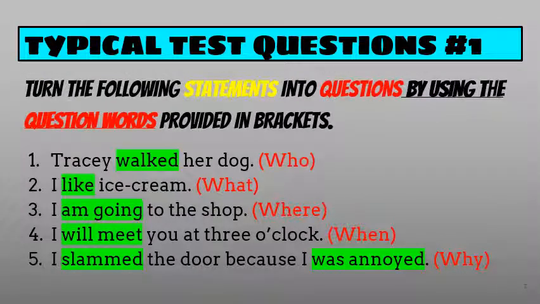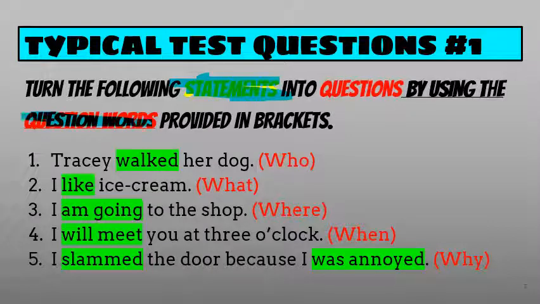Now we are just quickly going to have a look at some typical test type questions, and we are going to start with statements that give me specific information or answer specific question words. Here I've shown you how this may be asked to you in a test.